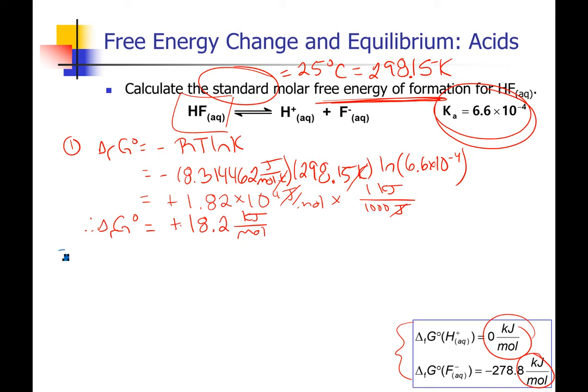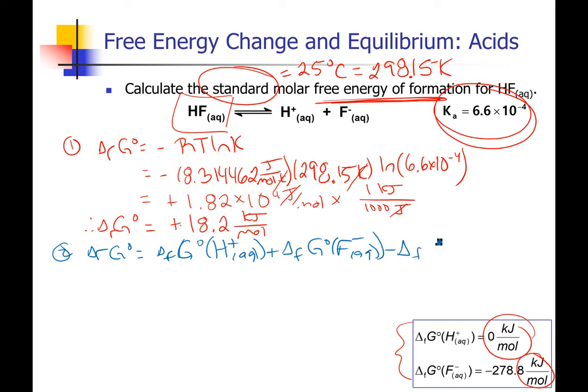In step 2, we know that our standard free energy change for a reaction is going to be equal to the standard free energy of formation of our products minus the standard free energy of formation of our reactants. And what we're trying to solve for is this term here.